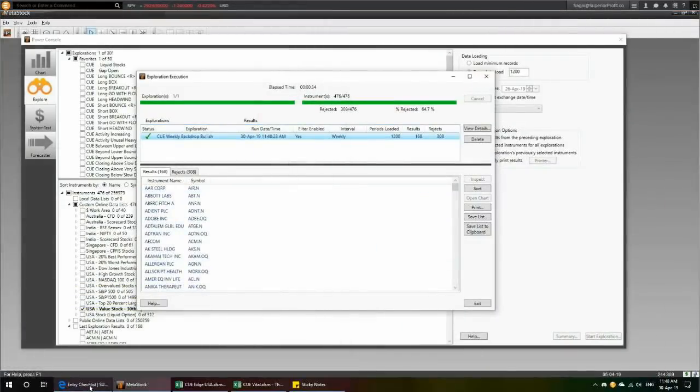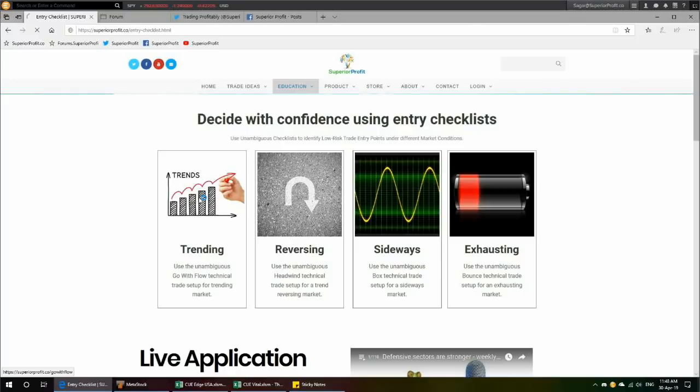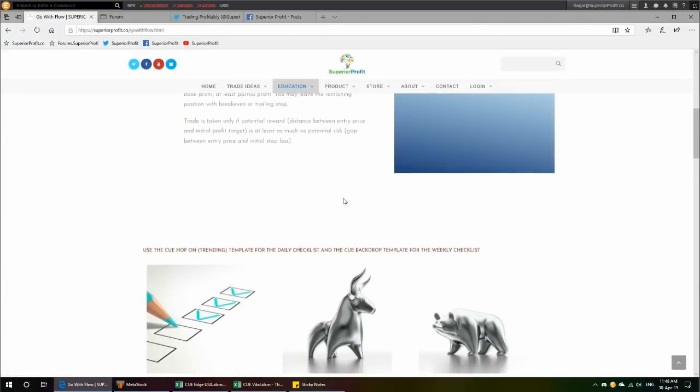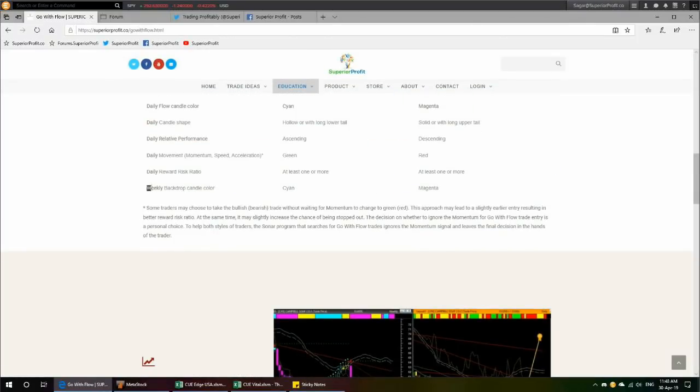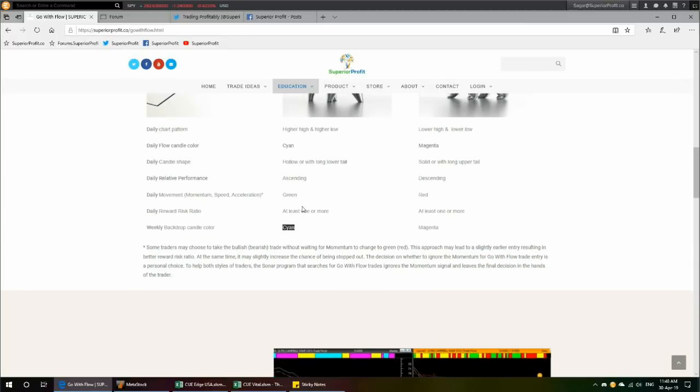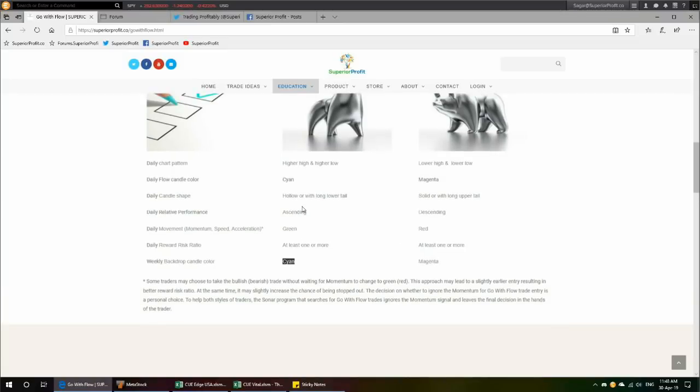Why did I search for that? If I go to the trend following, go with flow trade setup, one of the checklist conditions says the weekly backdrop candle color has to be cyan, that is bullish, for a bullish trade setup. Therefore, I could use the Q Sonar Explorer in MetaStock to find those stocks.